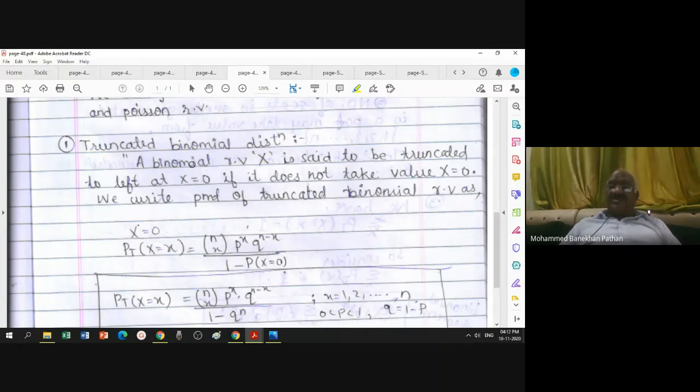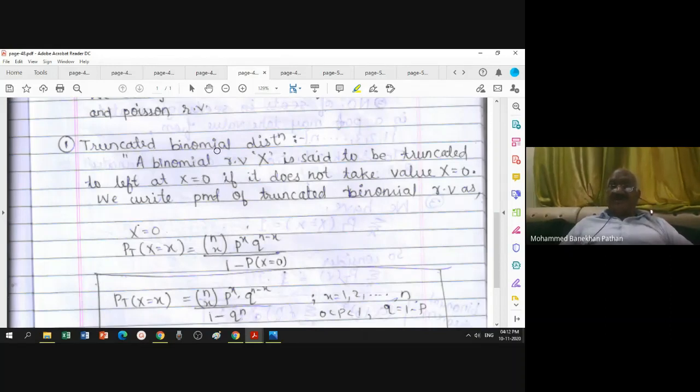That means the range of a binomial random variable is 0, 1, 2, up to small n. That is from your first year knowledge. Sometimes this 0 value is not observed. In that case, we think about the truncated binomial.